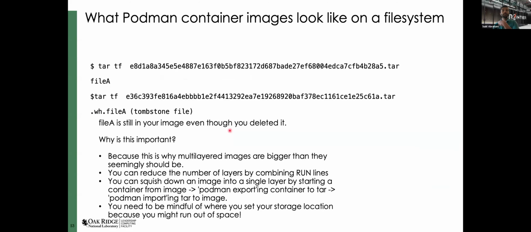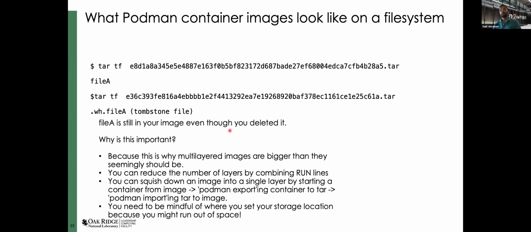That just tells the container runtime that file A should have been deleted, so make sure file A is not visible when it starts running. But the information about the data of file A is still there. So your container will look larger than what you think it should have been.